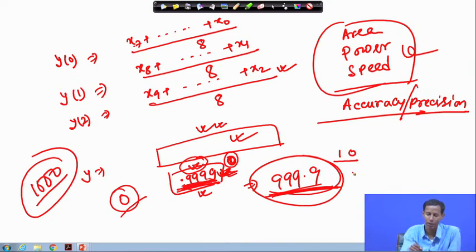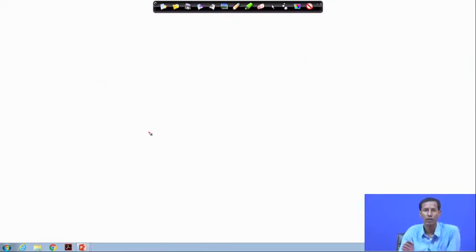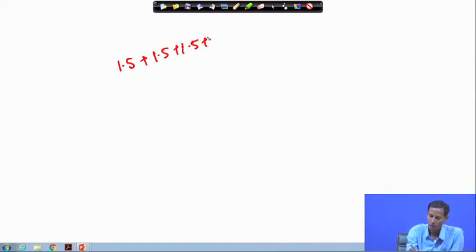The same thing, if I take another, different example. Let us consider 1.5, 1.5, 1.5 and 1.5, these 4 numbers I have to add.